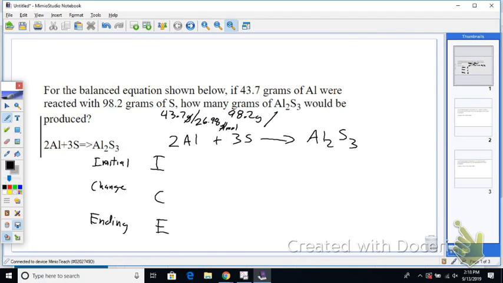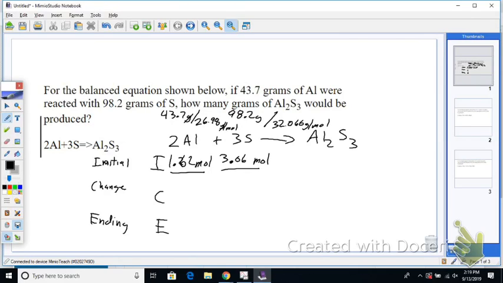All I'm doing is dividing each of them by their weight. Then I'll put their mole quantities right here. That's their initial amounts, how much we have of each. That's pretty easy to do. So when I divide this one out, I get 1.62. And then when I divide the next one out, I get 3.06.